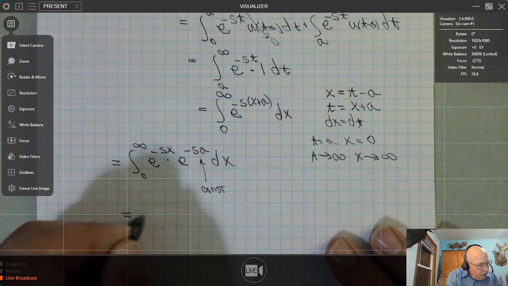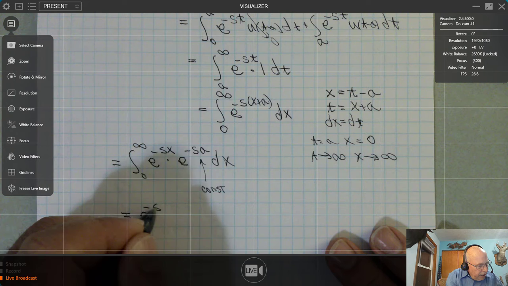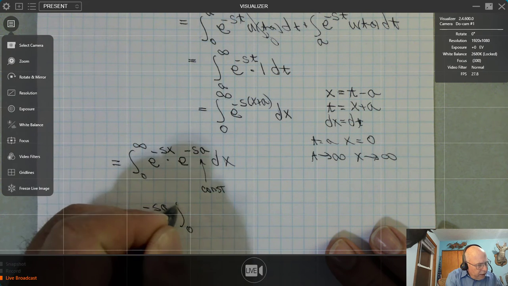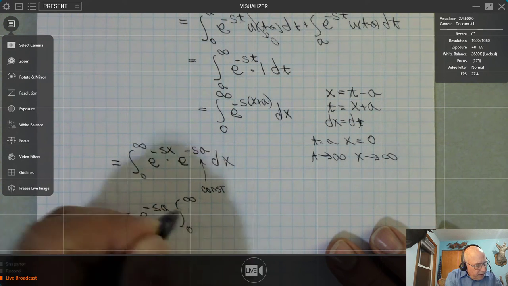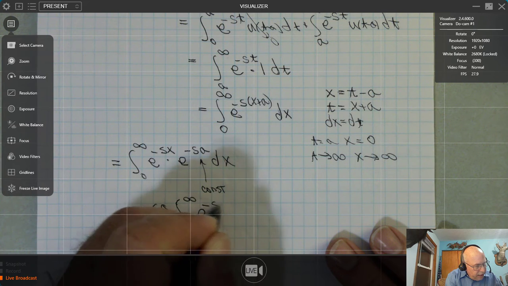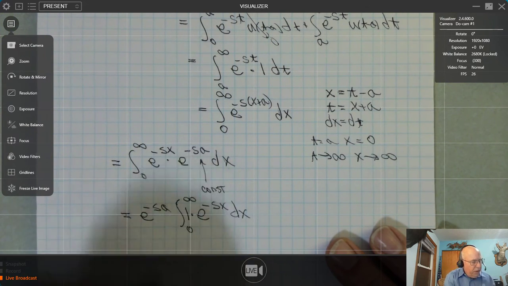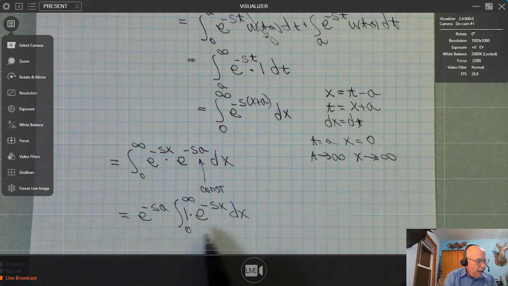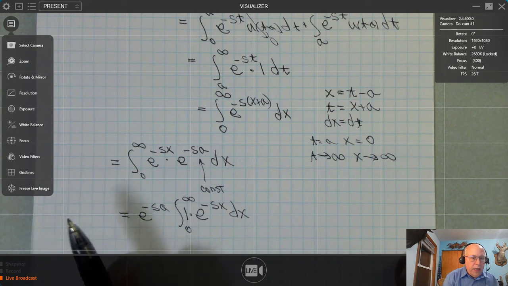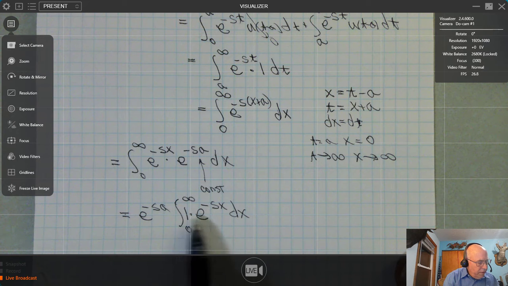So this is equal to e to the minus sa times the integral from 0 to infinity of e to the minus sx dx. And if you'd like to, for good measure, you can throw in a 1 and say, oh my goodness, look at that. That is exactly what we would write to transform the one function. It's e to the minus st times 1 dt.